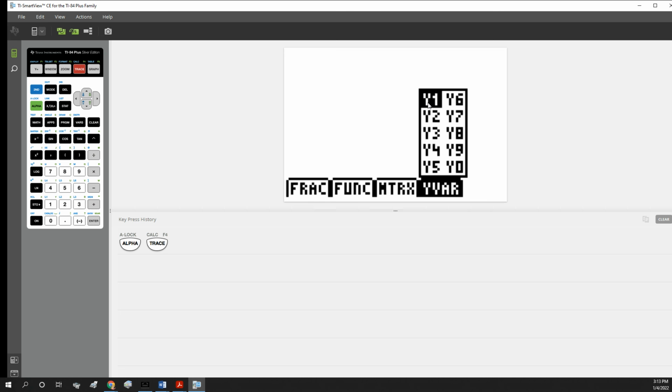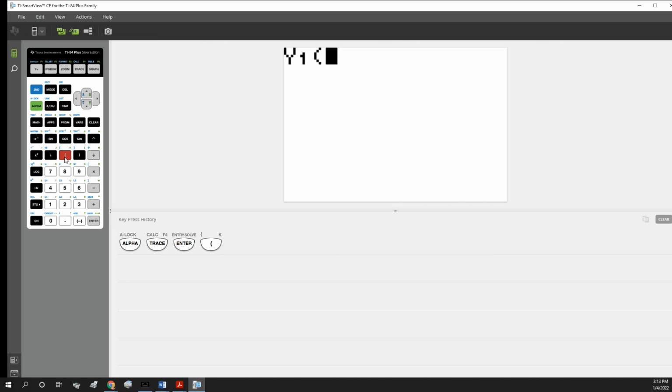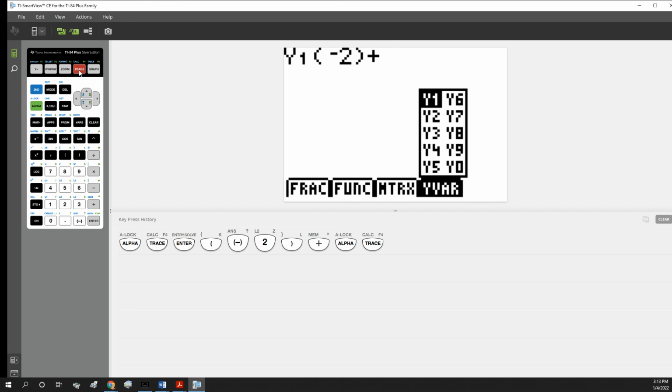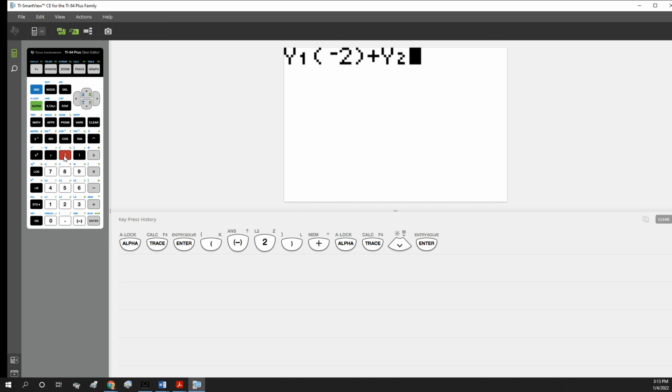Now, if you guys remember, y1 was f, so let's choose y1 for f, and then in parentheses, the number we're plugging in is -2. So do -2, and then plus g, if you guys remember, is in y2. So remember, it's alpha trace, and then choose y2 by hitting down, and then put -2 in parentheses.